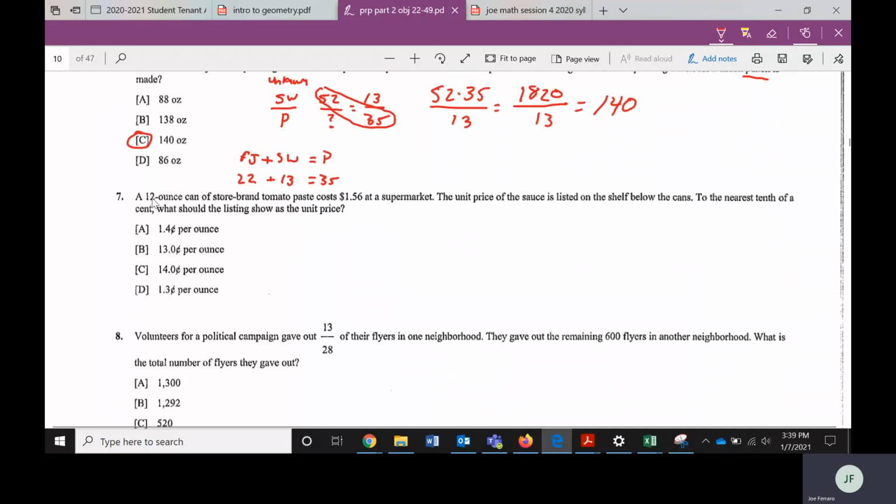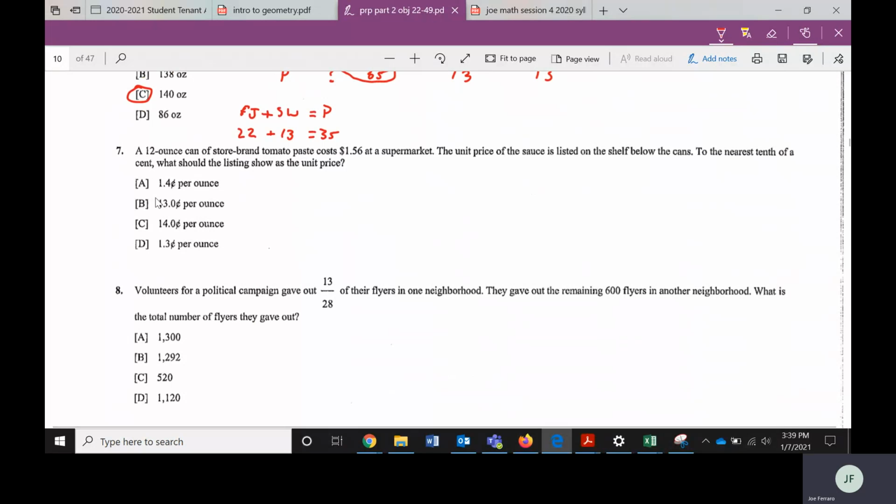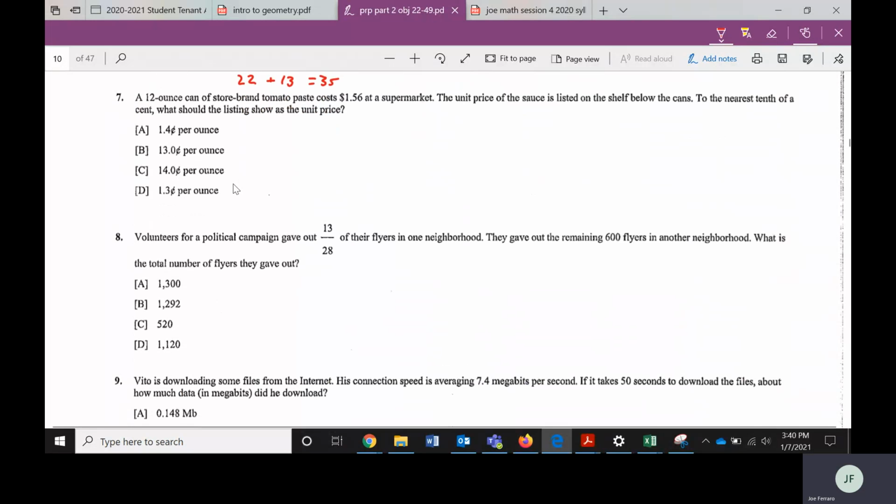All right. Number 7. A 12-ounce can of store brand tomato paste costs $1.56 at the supermarket. The unit price of the sauce is listed on the shelf below the cans. To the nearest tenth of a cent, what should the listing show as a unit price? So when you look at the answers, a unit price is always money per whatever you're dealing with.